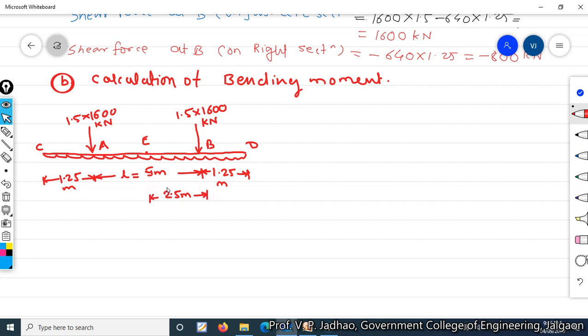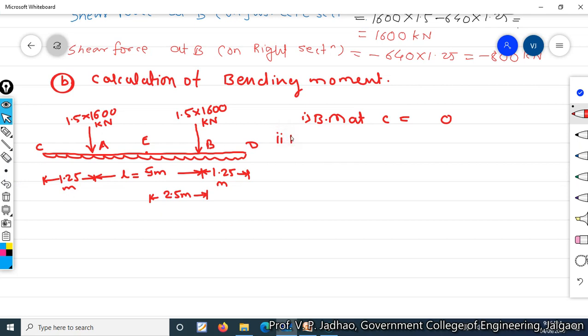Now we'll calculate the bending moment at A, B, C and D. So first, bending moment at C is equal to 0 because there is no load on the left hand side, therefore bending moment at C is equal to 0.